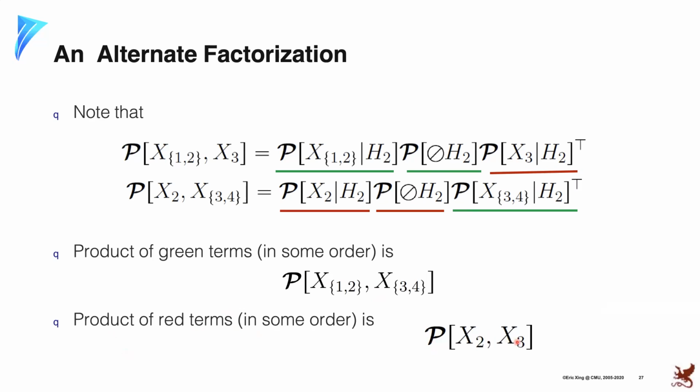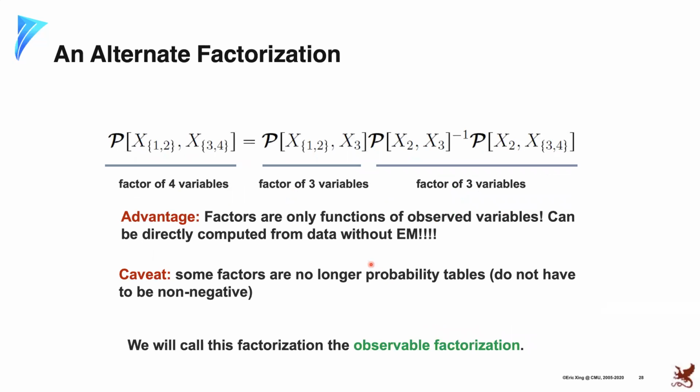So what this means is that we find an alternative factorization where we factorize this joint probability as a multiplication of these two factors multiplied by the inverse of this one. In this way, we find an alternative factorization for this joint probability. The advantage is that the factors are only functions of the observed variables and can be directly computed from data without EM.